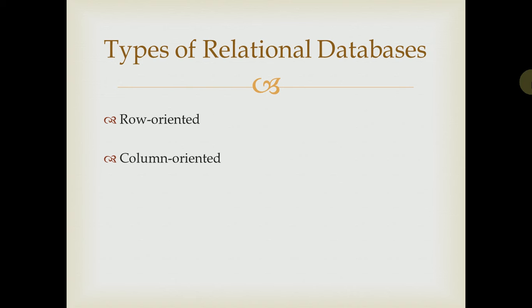So if you're looking at the types of relational databases from 50,000 feet above the ground, you see two: row-oriented and column-oriented. As the name suggests, row-oriented databases store data on the disk in a row format, whereas column-oriented databases store data on the disk in a column format.